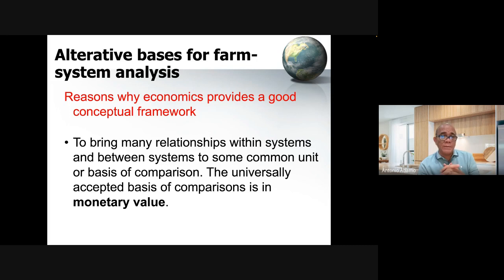Now, the reasons why economics provides a good conceptual framework in farm systems analysis. One is to bring many relationships within the system and between systems to some common unit of basis. That's why, because in economic analysis, you cannot compare an apple with a carabao.